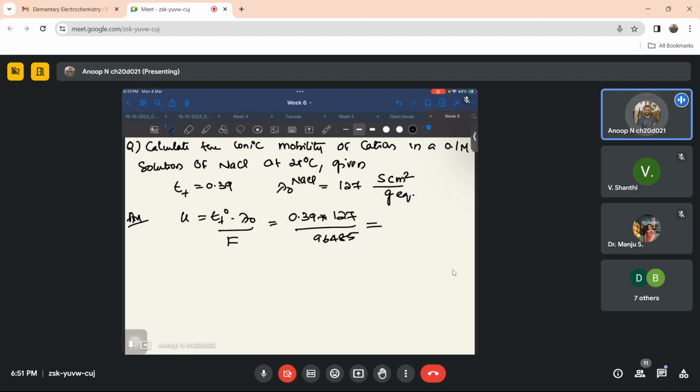What's the answer? So once a problem is given, if it's solved, you just post the answer as previously. According to that, we'll move. So what's the answer coming?